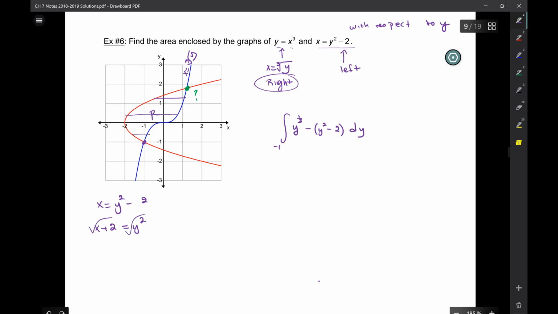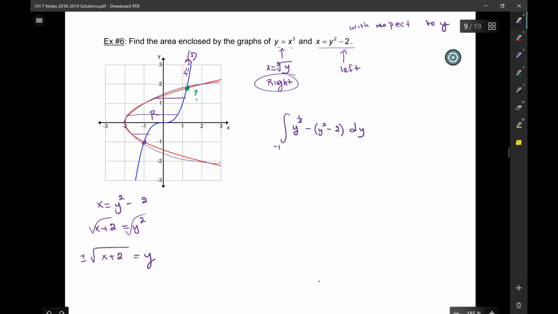Take a square root, plus or minus root x plus 2 is equal to y. What's up with that plus or minus? Because look, what does root x plus 2 look like? That. So this is root x plus 2, and that's negative root x plus 2. They're two separate functions, okay?